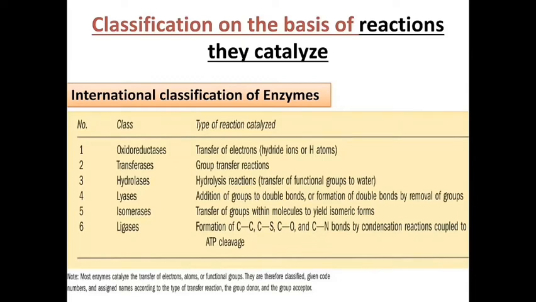The oxidoreductases do the transfer of electrons, that is hydride ions or H plus atoms. The transferases do the group transfer reactions. The hydrolases do the hydrolysis reactions, that is transfer of functional groups to water.